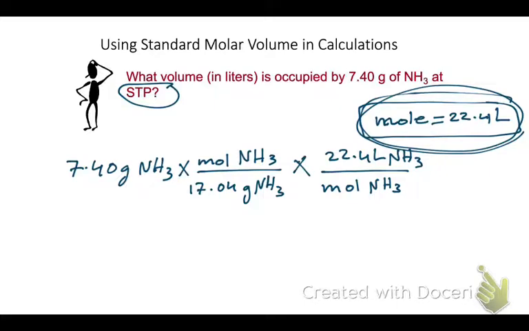So 7.4 divided by 17.04, multiplied by 22.4. The answer with 3 sig figs will be 9.73 liters of ammonia. All right.